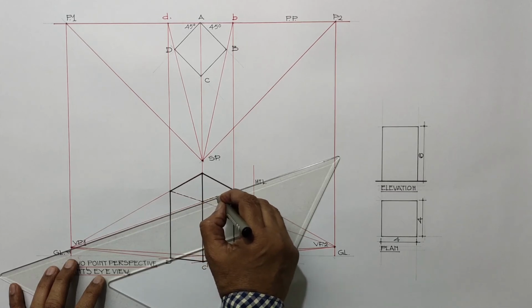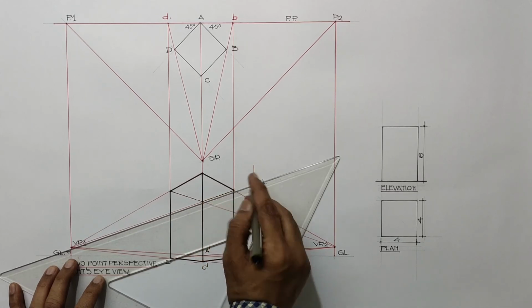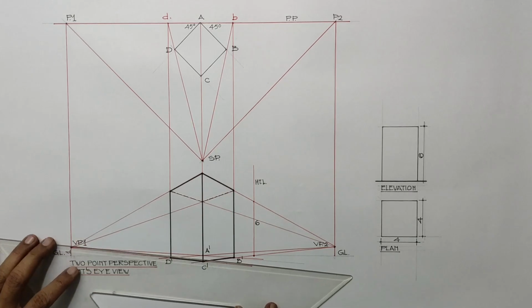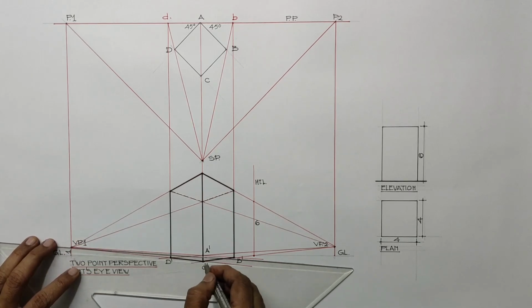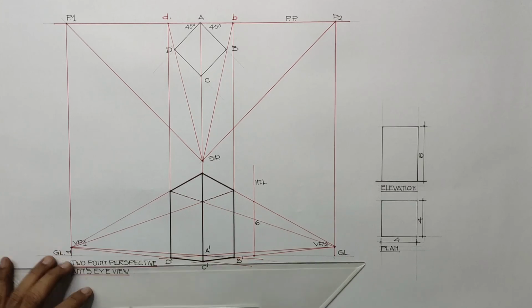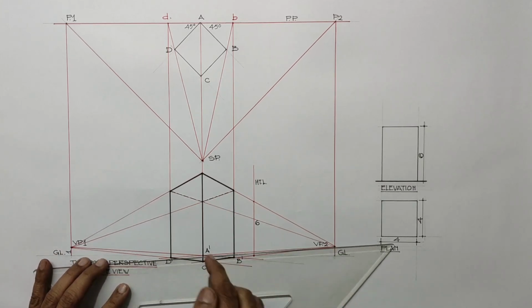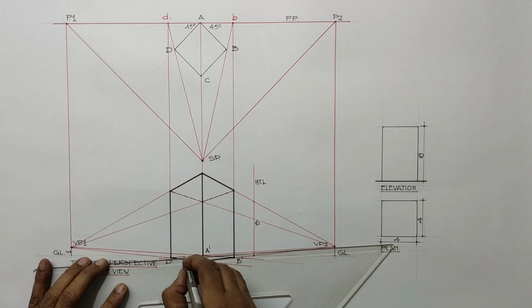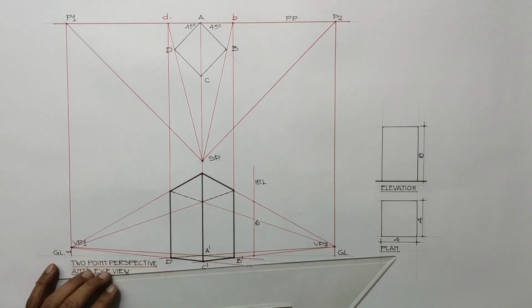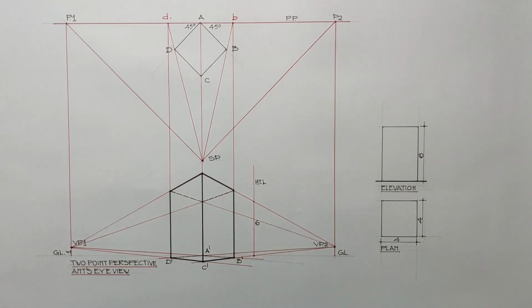This way, the bottom also we will do the same for the base, hidden lines, both the sides, finishing at point 2. So, this completes the view as per the given plan and elevation. Thank you.